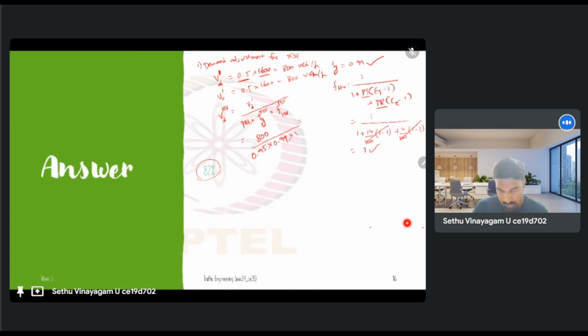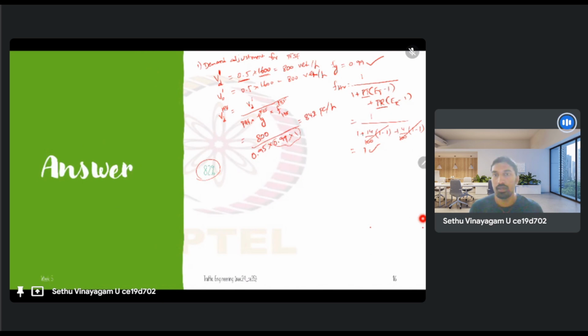This again comes out to be 842, because this is almost close to 1. So this is the same as our other adjusted demand flow rate. So this is 842 in terms of passenger cars, in passenger car equivalent units, PC per hour. Okay, so this is the first step that we have to do.